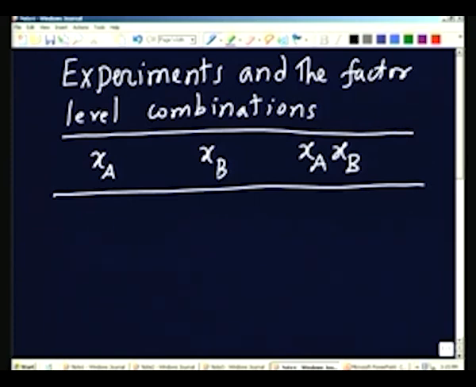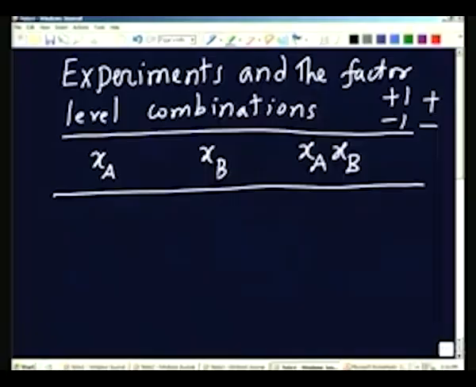And if you remember, we had +1, -1 as the high and low values. I will simply put them as plus and minus. The numerical value is 1, either plus or -1, and therefore, to be economical in writing, because we understand what we are doing now, I will just say plus and minus for these values. For example, I can take xA negative, xB positive.